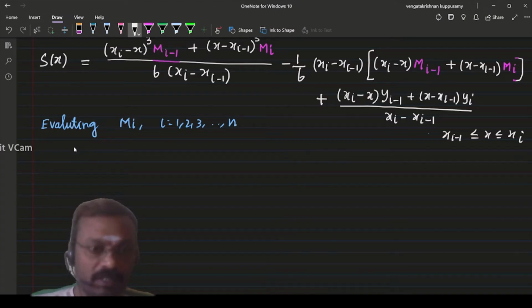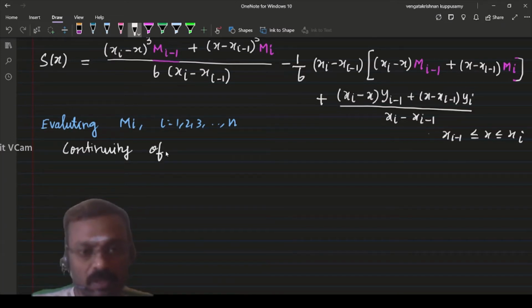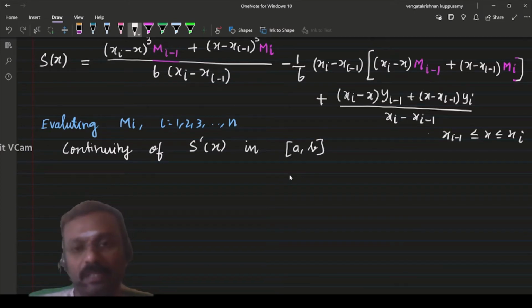For this, we use the continuity of s dash of x. So this guarantees the continuity of s dash of x in the interval a comma b, where a comma b is divided into the subintervals x1 to x2, x2 to x3, and so on up to x_{n-1} to x_n.